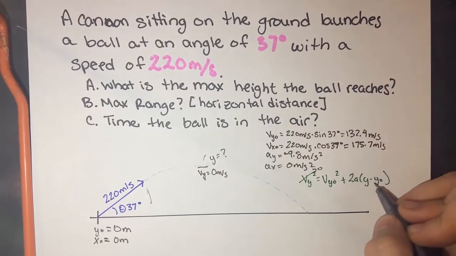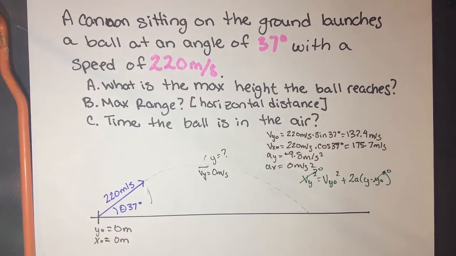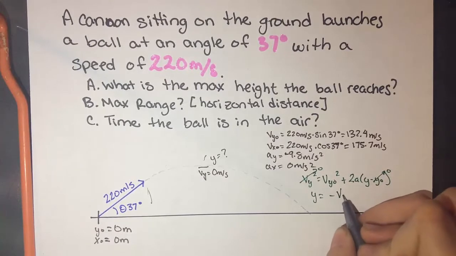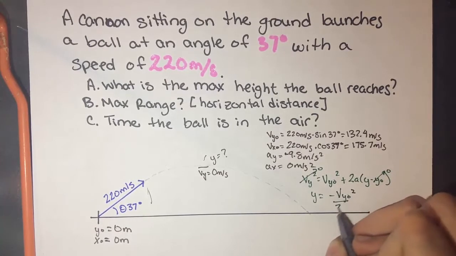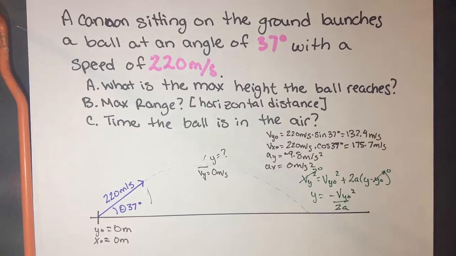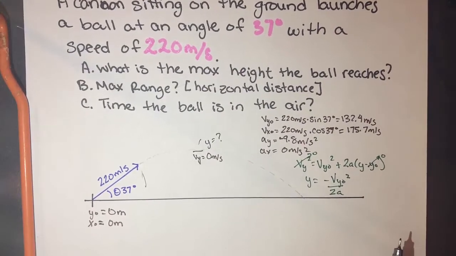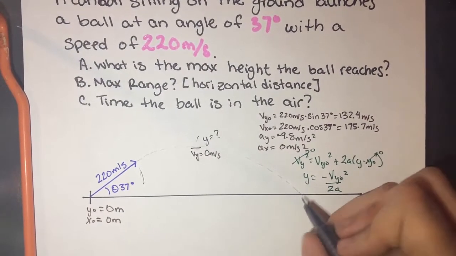And we know that this term here is 0. So we're able to simplify that equation a little bit and solve for y, because again, we're looking for that max height above the ground. When we solve for y, we get y equals... Now we're able to plug and chug all the information that we know into our problem here.